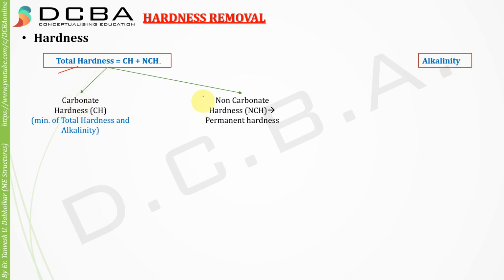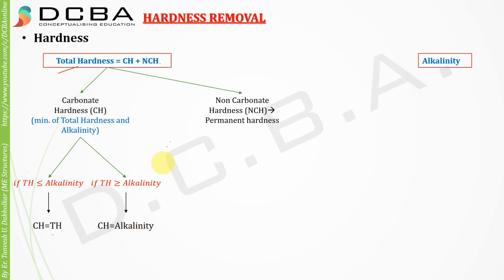Okay, so if total hardness is less than alkalinity, as I told you, it is the minimum of both. So if total hardness is less, this is the minimum, so carbonate hardness will be equal to total hardness, right? And if total hardness is greater than alkalinity, carbonate hardness will be equal to alkalinity.